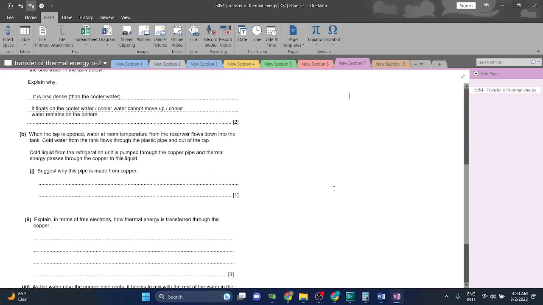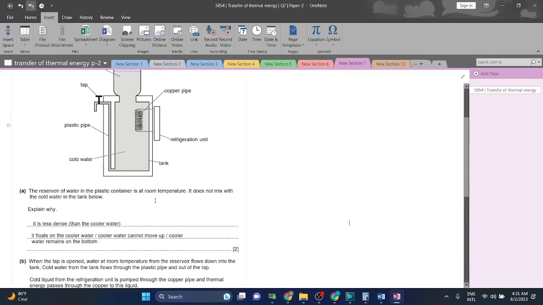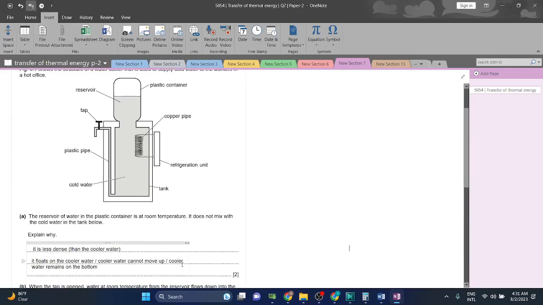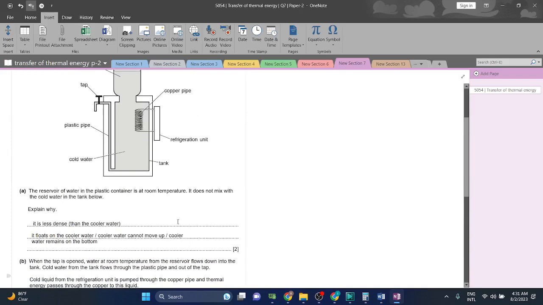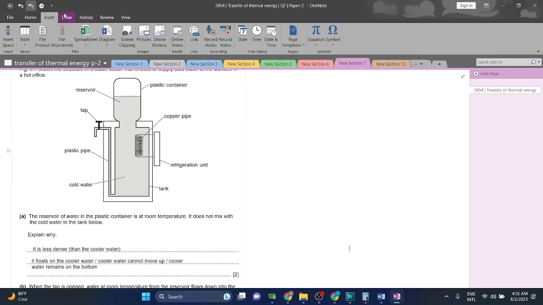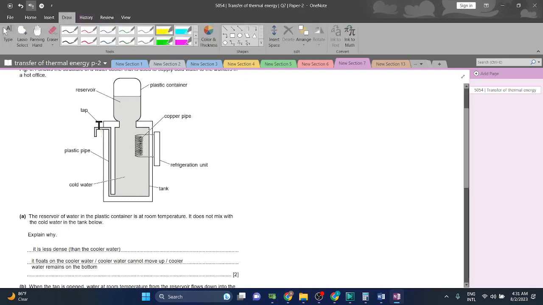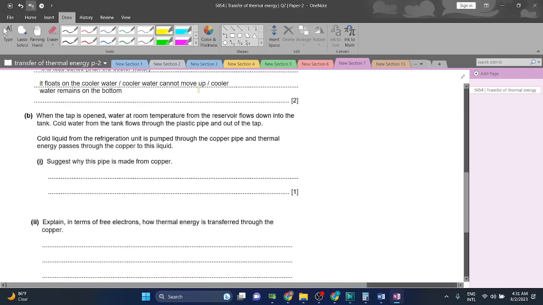When the tap is opened, water at room temperature from the reservoir flows down into the tank. Cold water from the tank flows through the plastic pipe and out of the tap. So when the tap is opened, of course the water will escape, and the level of the reservoir will fall down and the reservoir water will reduce, into the tank.